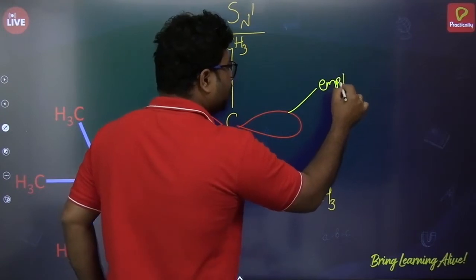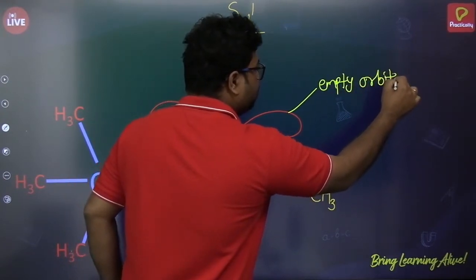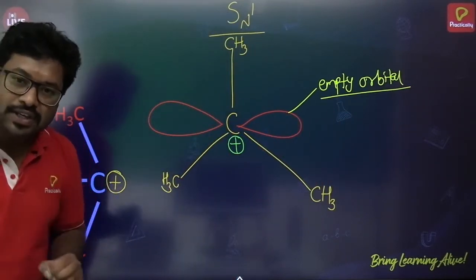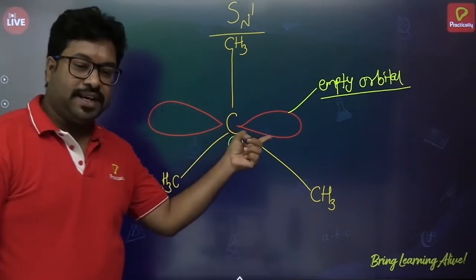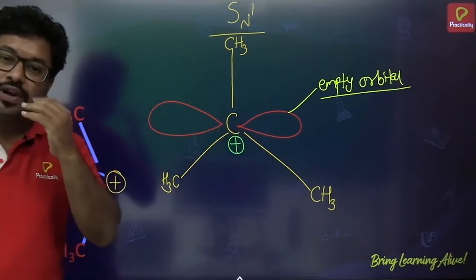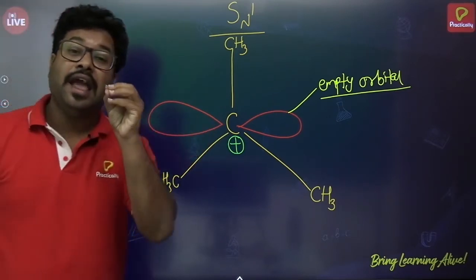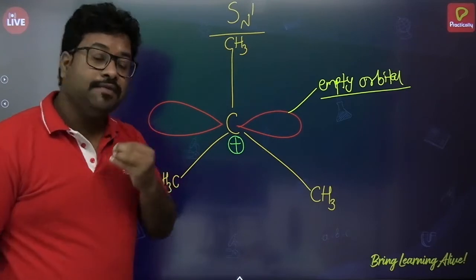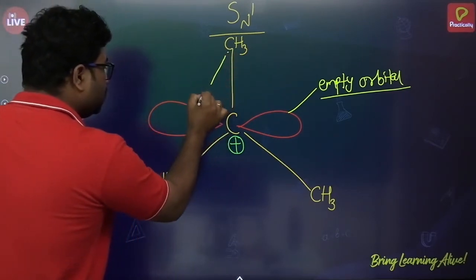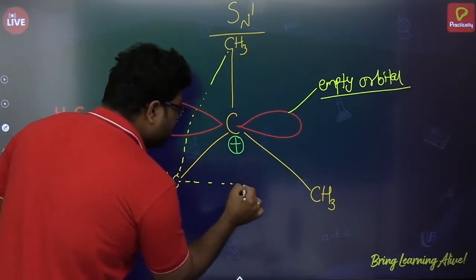Which empty orbital? Which remained there after breaking of bond. You remember the carbon-chlorine bond was actually formed through this orbital. When chlorine departed, chlorine took both these electrons, leaving behind an empty p orbital, which is perpendicular to this trigonal planar.